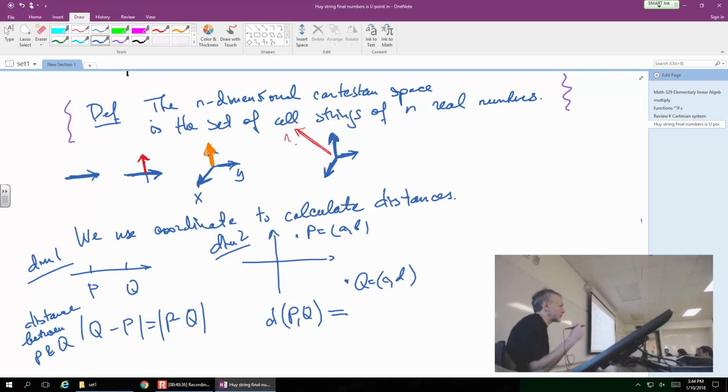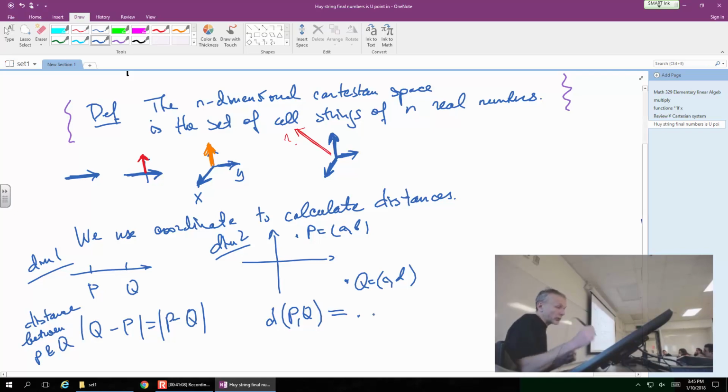Well, maybe let's not jump to it. Let's just follow the same idea that one-dimensional computations are being recycled in order to produce computation for higher dimensions. So if I already know the distance formula for dimension 1 on left, now I want to produce the distance formula for dimension 2 on right.